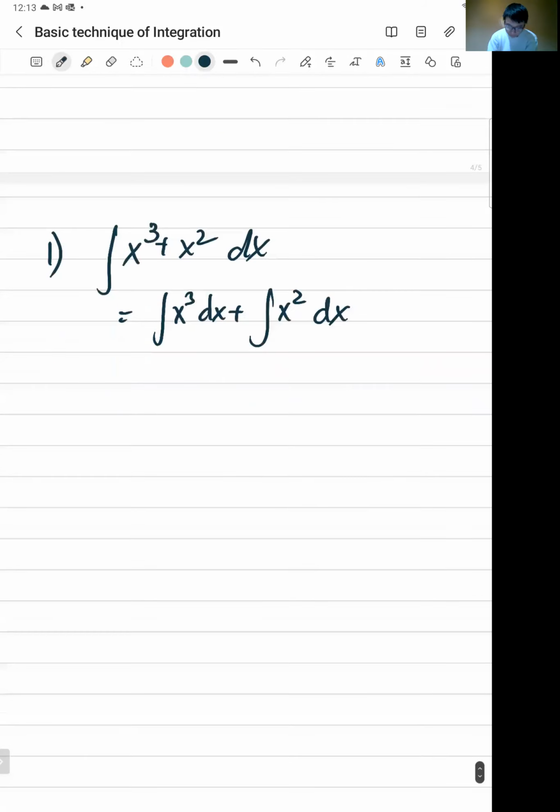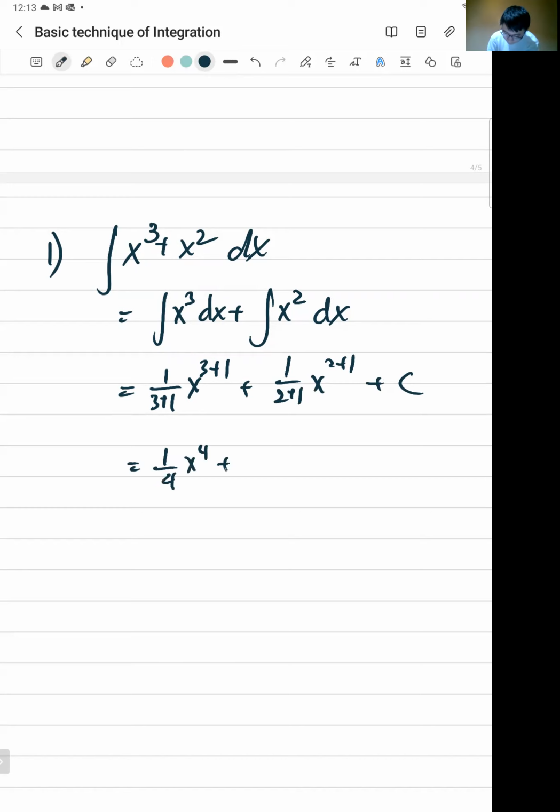By using the formula, I get 1 over 4 x to the power 4 plus 1 over 3 x to the power 3 plus c.